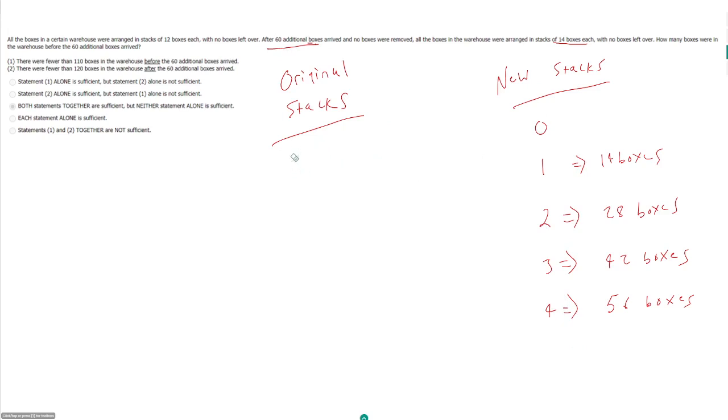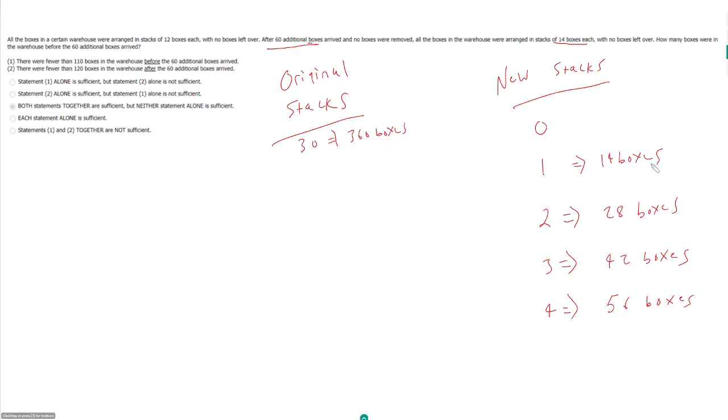So in this case, our first case was 30 original stacks of 12 boxes each. And so 30 stacks, 12 boxes each, that would be 360 boxes. In this case, we had 14 boxes that were added to our new stack.